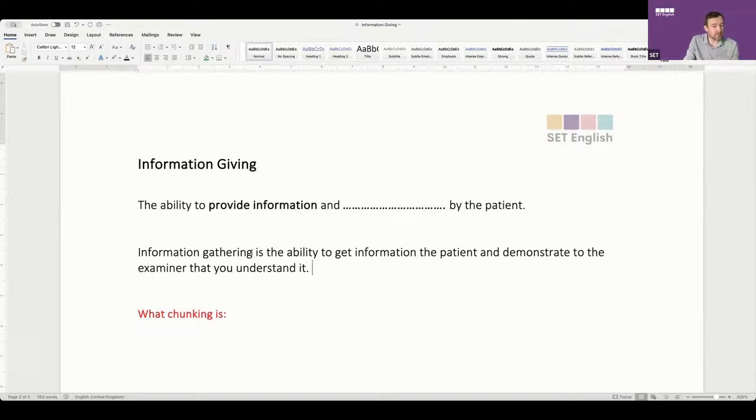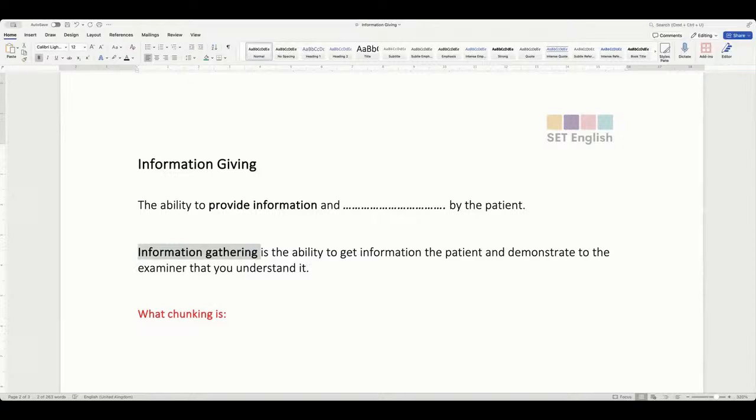That's information gathering. So Priyangi, what would information giving be if information gathering is getting information and demonstrating that you understand it?